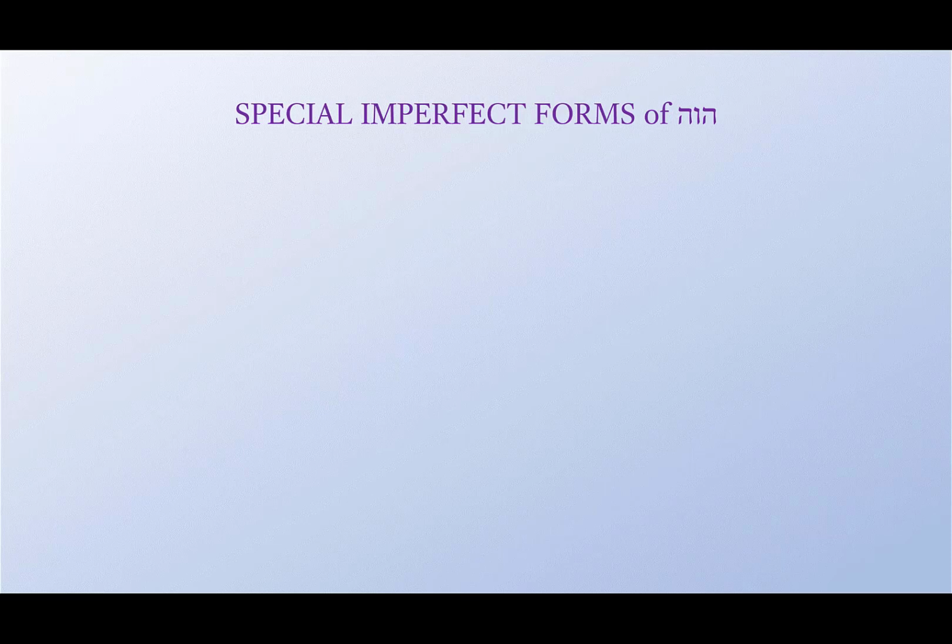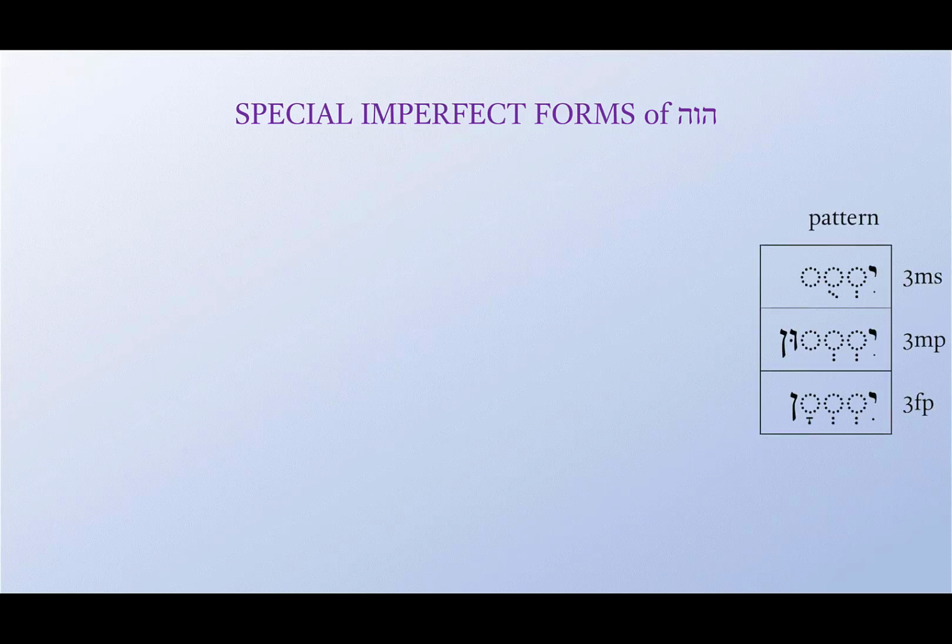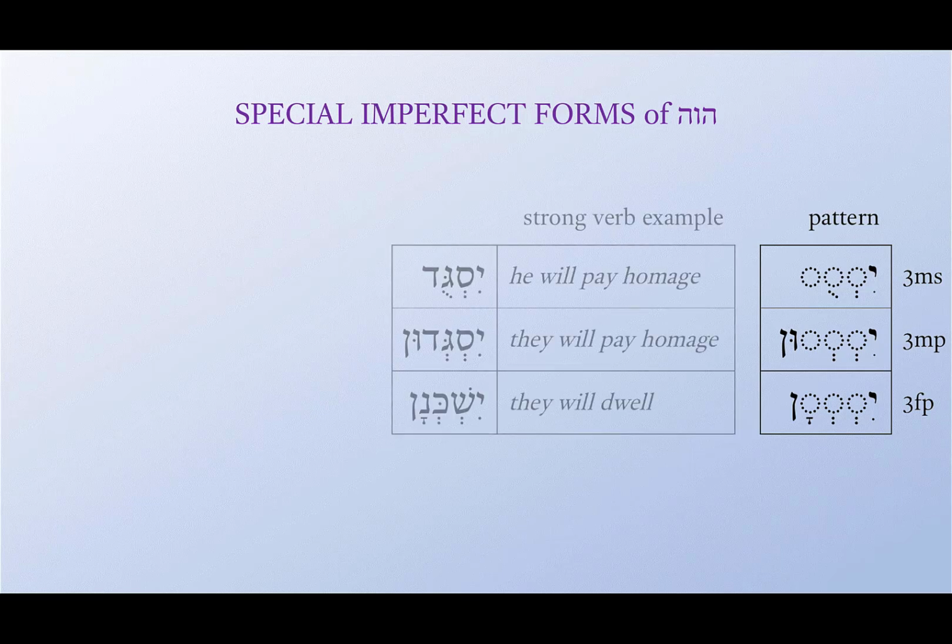So I'm going to build this to show why the hey vav hey verb has special imperfect forms. So I'm going to borrow the third masculine singular, third masculine plural, third feminine plural forms from that strong verb pa'al column. So that's a pattern we're going to work off of, just the strong verb pattern. Hey vav hey is certainly not a strong verb by any means, but we're going to work off this pattern.